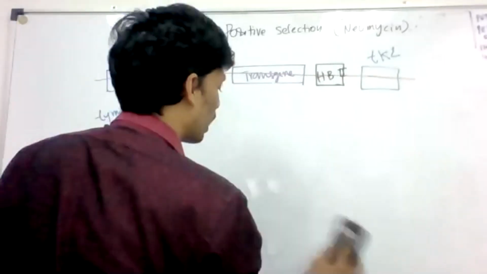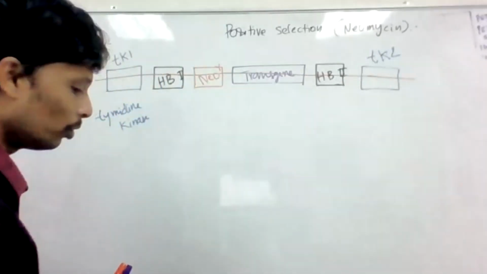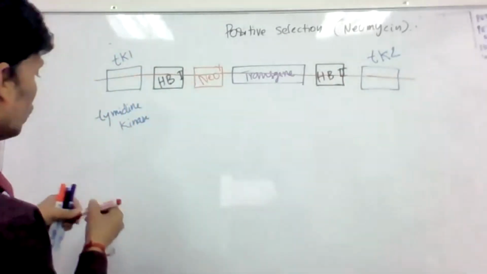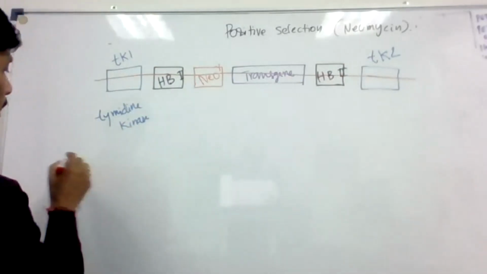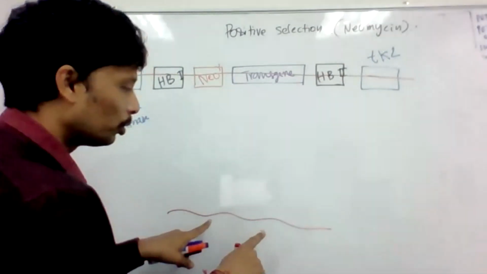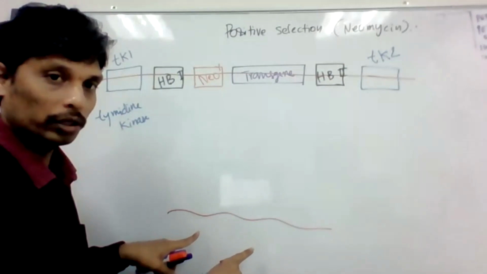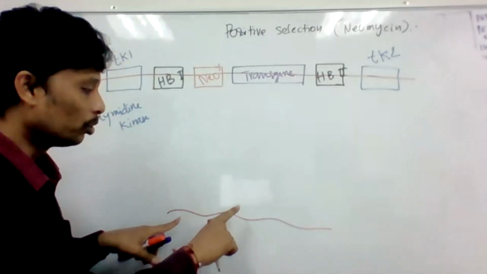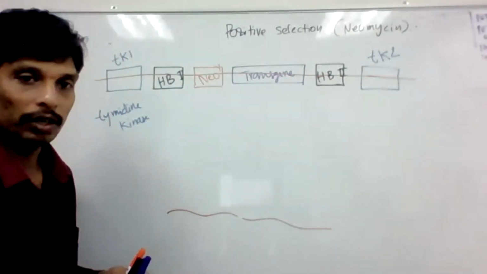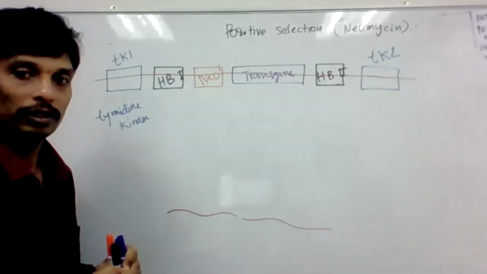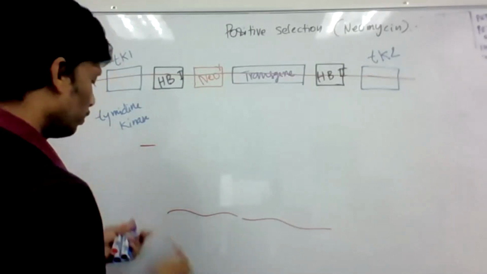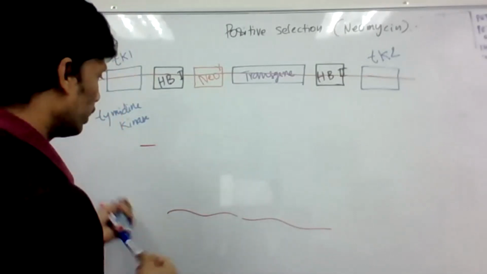So with random integration, what happens? Let's imagine this is the genome, and there are no homologous blocks there, and due to some nicked area, the whole thing goes and integrates over there. What will it result in? It will result in something like this, right?